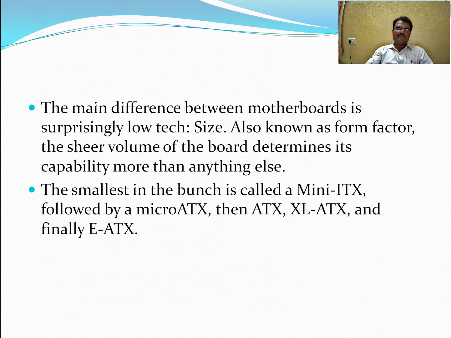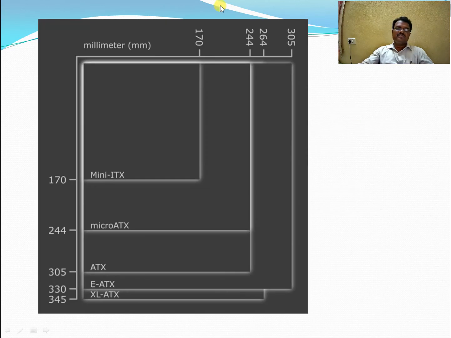So we can compare all the motherboards in terms of size. In millimeters, Mini ATX is 170 mm by 170 mm, whereas Micro ATX is 244 mm by 244 mm, and ATX is 244 mm by 264 mm. EATX is 330 by 305, and 345 by 305 in the case of XL ATX.